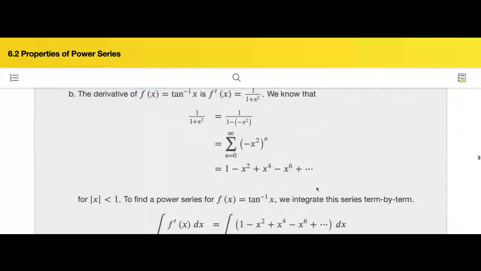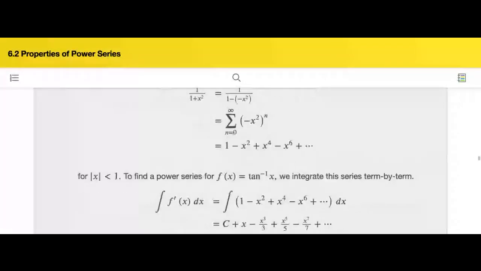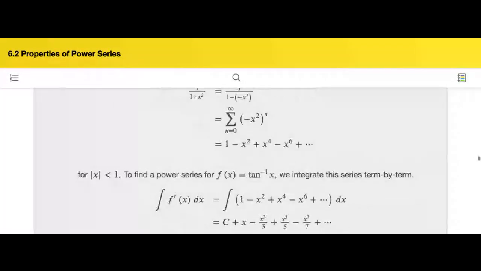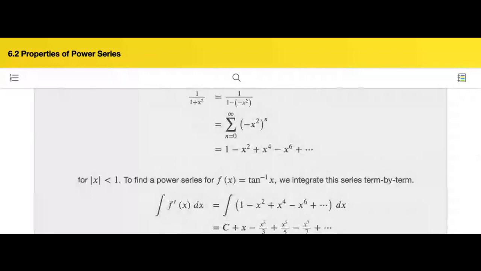So now to find a power series for arctangent, we just integrate 1 over 1 plus x squared. And we can integrate term by term. From this geometric series, we can write some terms.